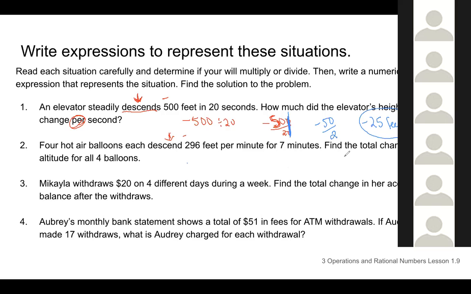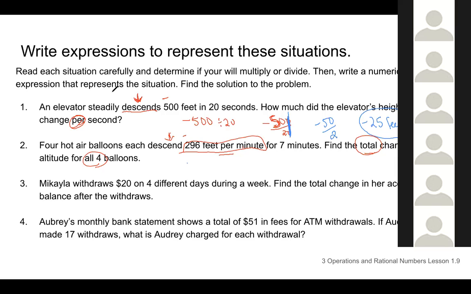So here's our indication for why we're going to be multiplying, and we're actually not going to be dividing at all, even though we have per over here. We're only multiplying because it wants us to find the total change, for all 4. So it already tells us how fast it's going, 296 feet per minute, its speed of descent.